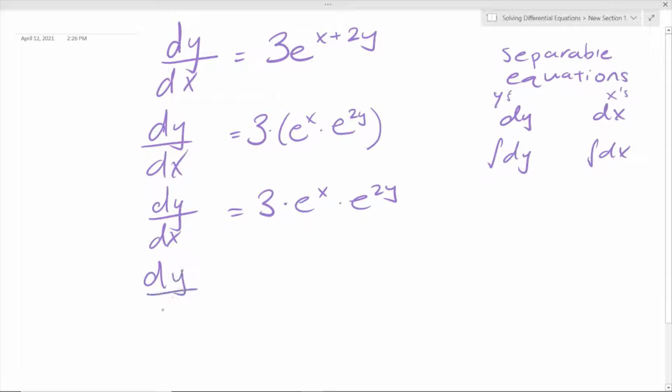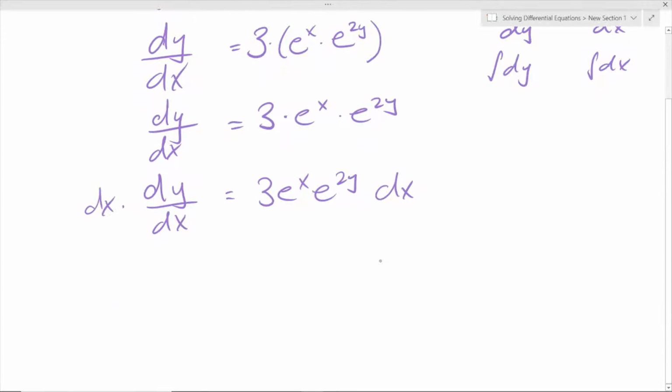So dy over dx. We multiply by dx on this side, and here we also multiply by dx. And then once we do that, we can see that we just have this y right here that we need to get rid of, and this is going to be dy. So we basically divide by e to the exponent of 2y to move it to the other side.